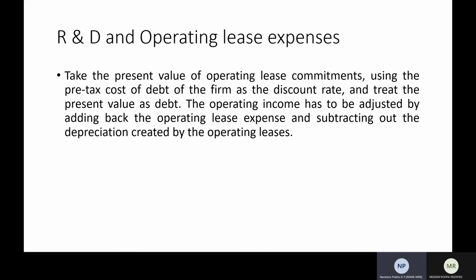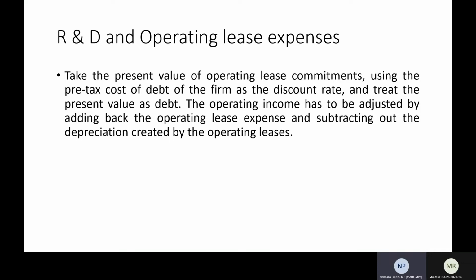Take the present value of operating lease commitments using the pre-tax cost of debt of the firm as discount rate and treat the present value as debt. Now, what is the meaning of this? Let me repeat that sentence. Take the present value of operating lease commitments using the pre-tax cost of debt of the firm as a discount rate and treat the present value as debt.